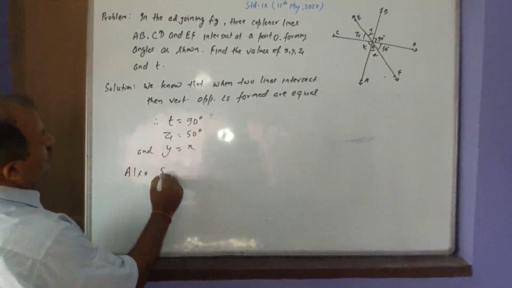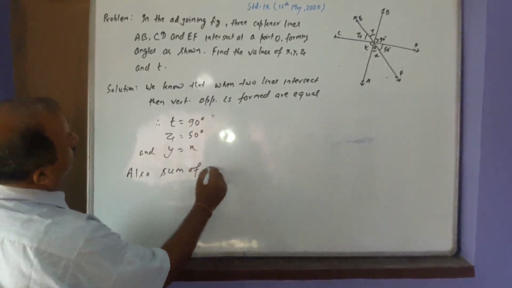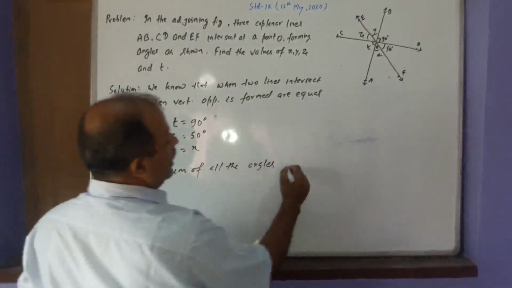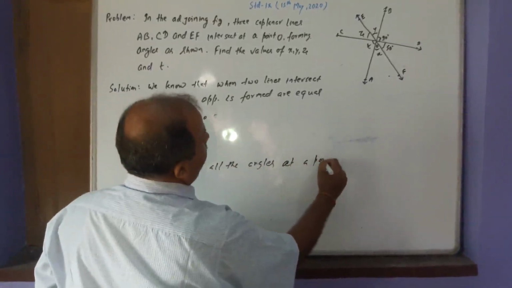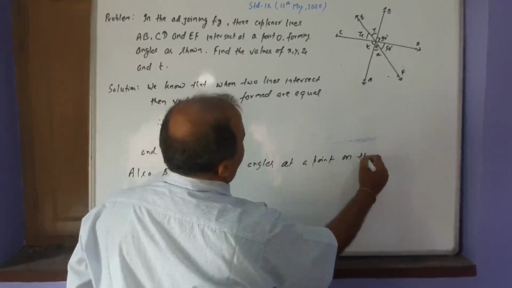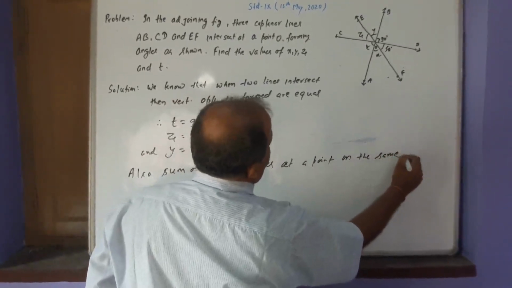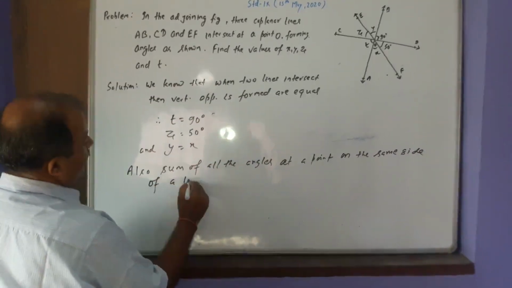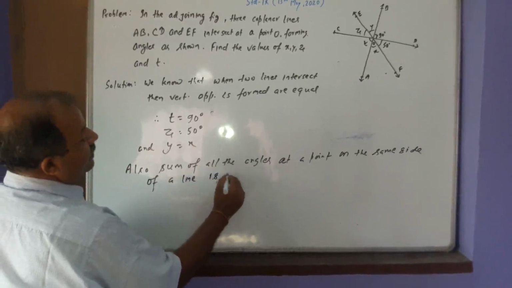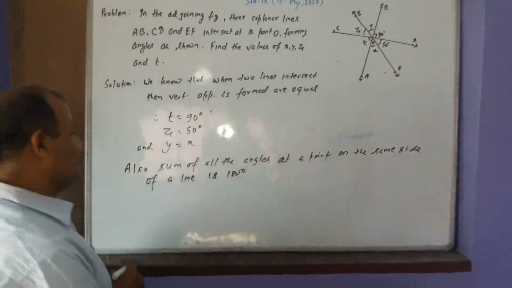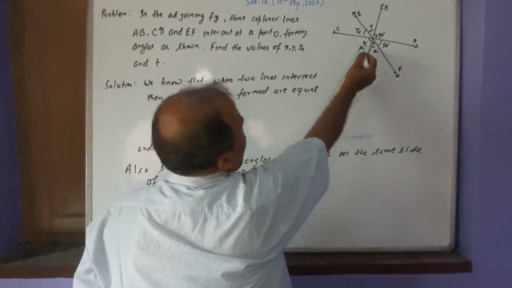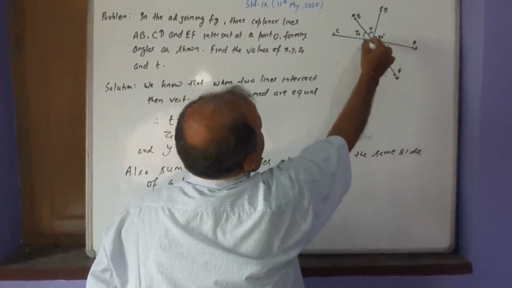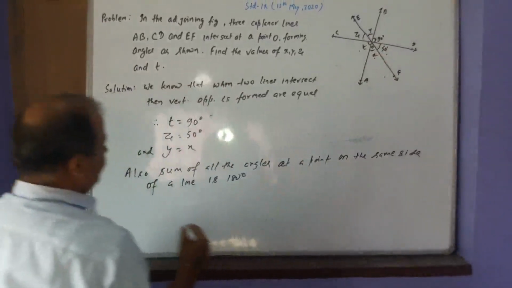Also, the sum of all the angles at a point on the same side of a line is 180 degrees, and here T, X and 50 are all at the same point O and on the same side of CD.